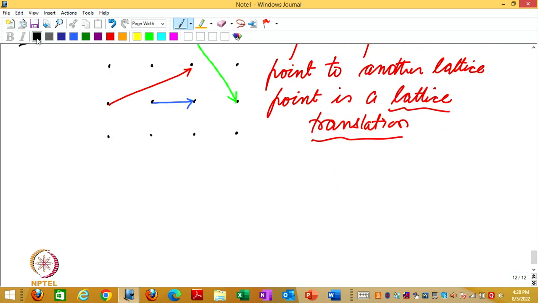We already saw this, that if we appropriately select two translations, so we had done that with A and B, for example, then we can reach all possible lattice translations by integer combinations of these translations. So, that brings us to the concept of basis.